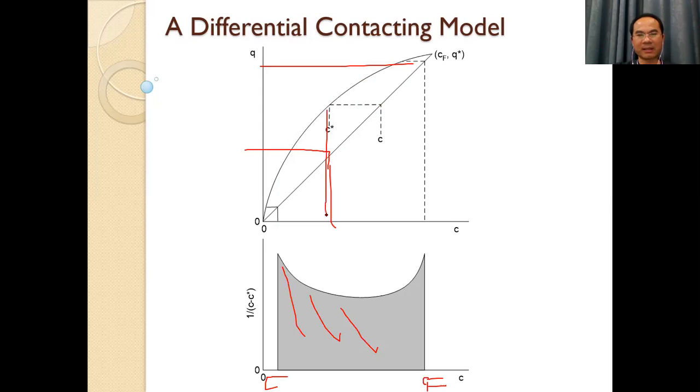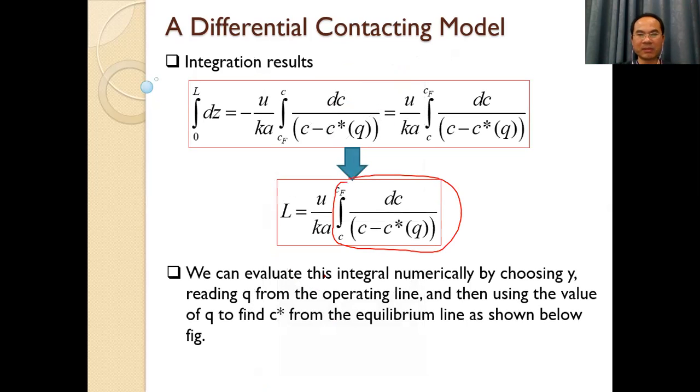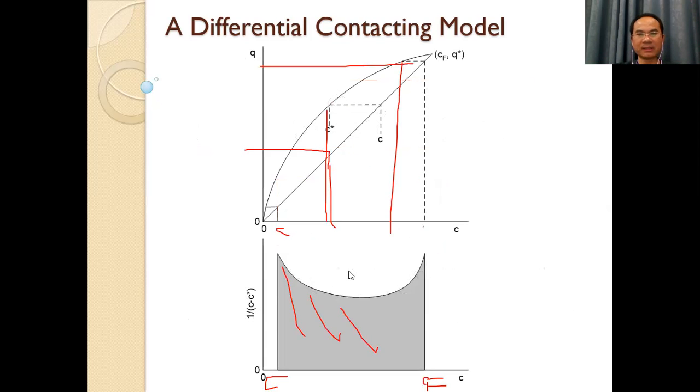This is C star. For Cf, the C star is something like this. You can read C and C star at any point from C to Cf. And then you plot like this, you get the area under the curve, and then you substitute it, you can calculate the height of the column.